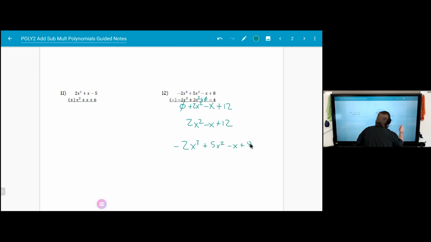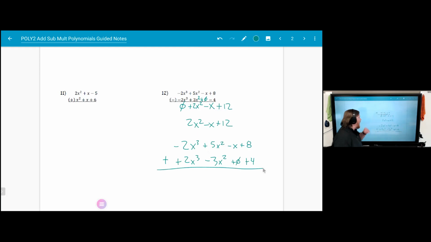But I would essentially distribute through that negative sign and turn this into addition. So instead of minus negative plus 2x cubed, it'd be minus 3x squared plus 0 plus 4. We just turned subtraction into addition. Figure out which way works best for you.